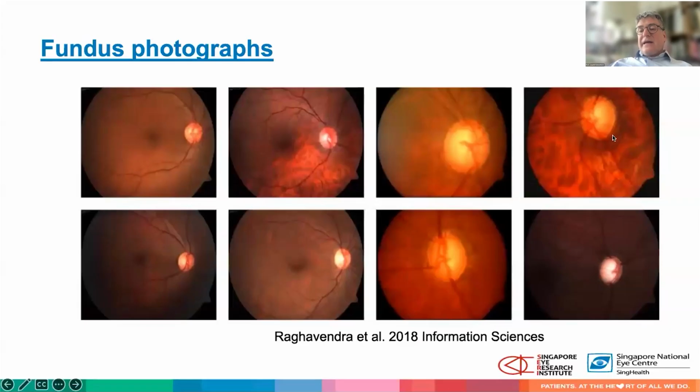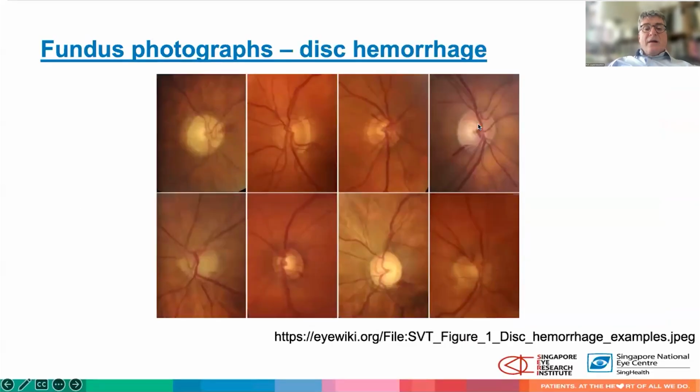This can be complicated in some cases, particularly if the optic disc is very small or very large, but also, for instance, if the fundus is highly myopic.